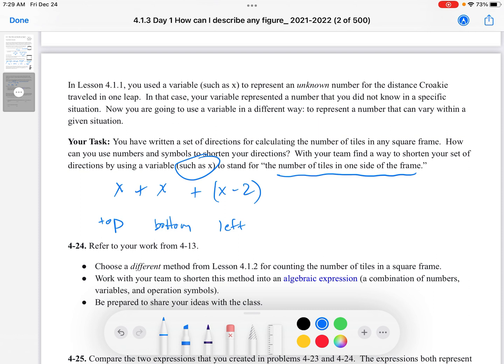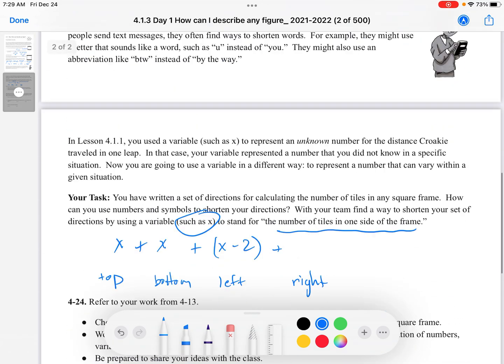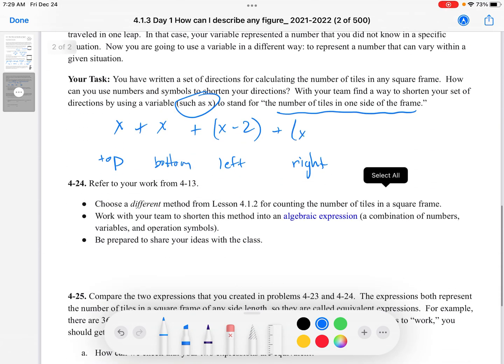Plus the right side, and the right side is the side length, take away 2. X minus 2. So those parentheses say, hey, we're going to group those together. In this case, if you didn't put the parentheses in, it actually works out just fine. You don't have to put them in there.